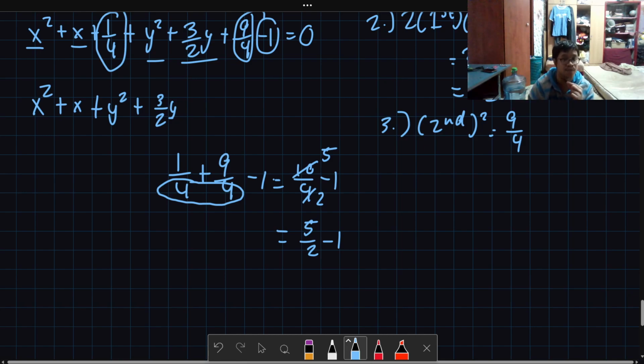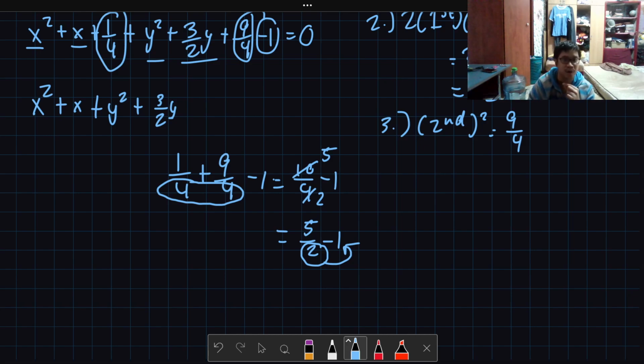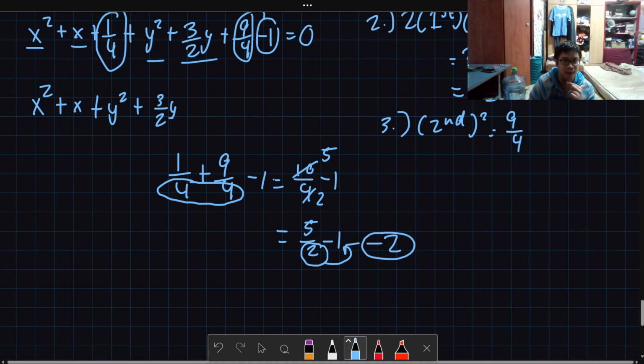The technique here is simple. First, you multiply the denominator to the number beside it. 2 times negative 1, you have negative 2, right? 2 times negative 1 is negative 2. Then after that, you add the product, which is negative 2, to the numerator.